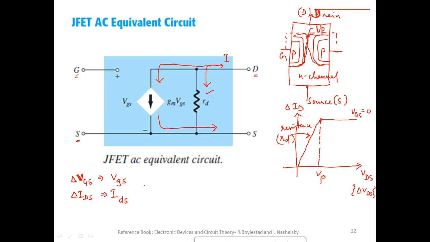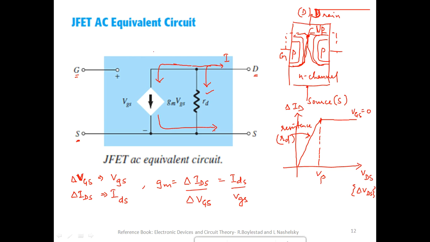Because of that, we represent GM as the variation in the drain current with respect to variation in the gate to source voltage, which is IDS upon VGS. So please remember these terminologies and also the parameters.